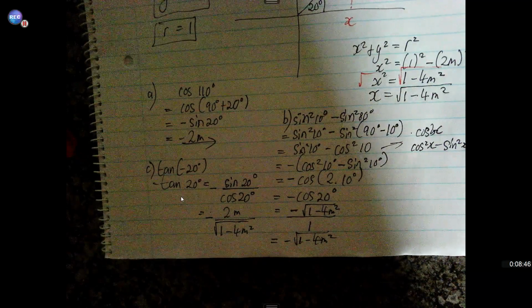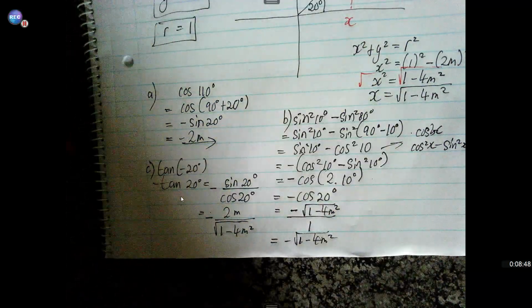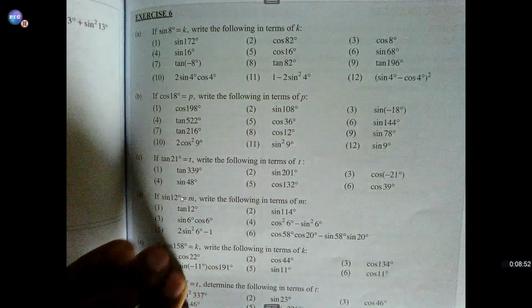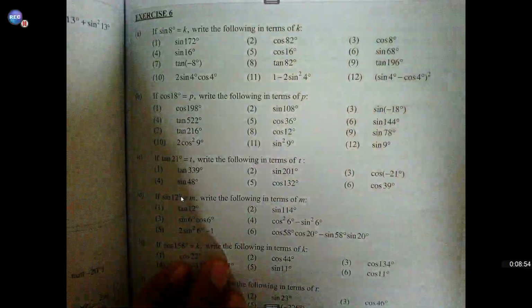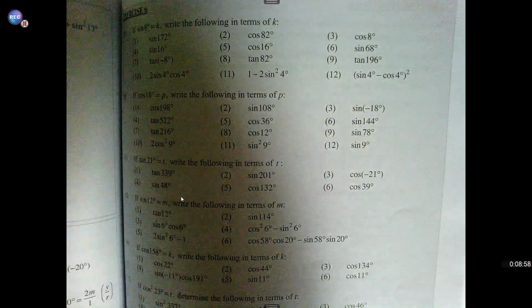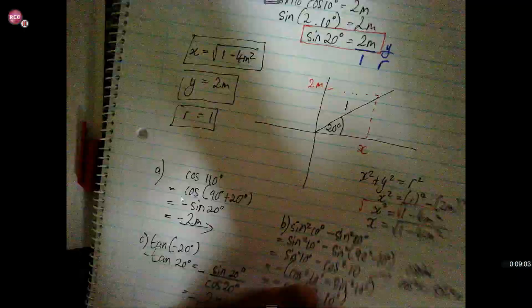So for your classwork, your classwork is on page 158. With that, please answer. Let me just write it down. You don't have to write the whole thing. I'll send the corrections tomorrow.